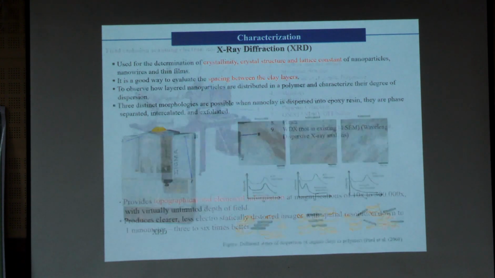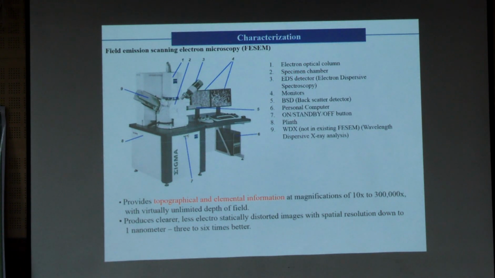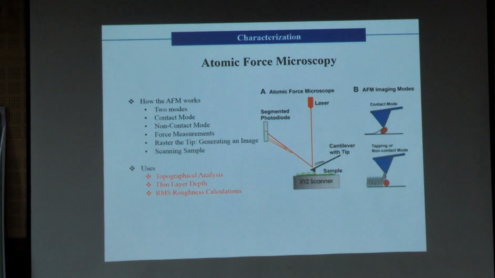So we need to understand each and everything. So we use XRD also, and we use FESEM, because normally SEM gives only the surface, but with FESEM we are able to observe inside the lattice also. That's why sometimes we use FESEM, that is it gives the topographical and elemental information, right. And then we also use AFM, that is atomic force microscopy.